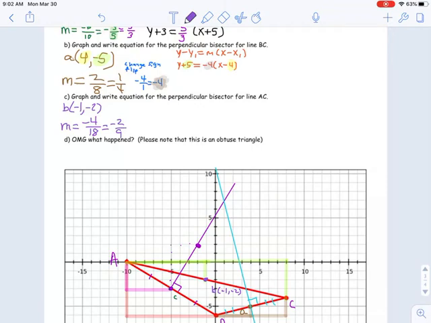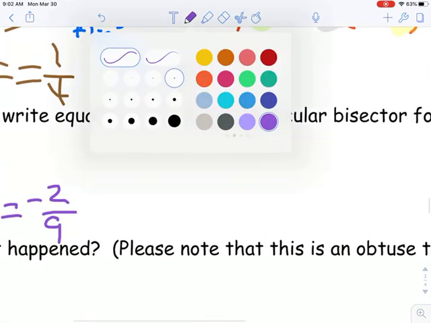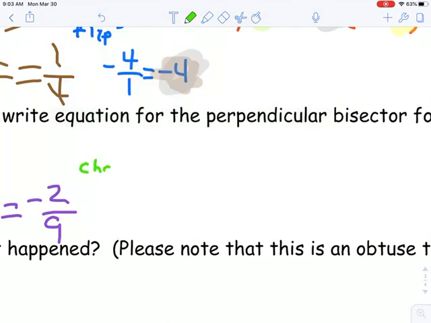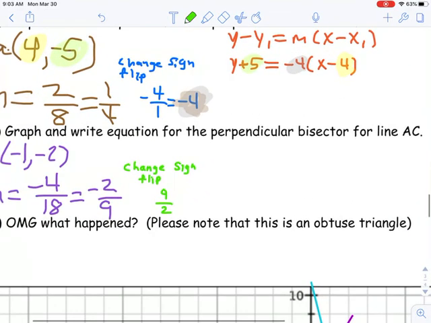And remember, I want the perpendicular slope. So we're going to change sign and flip. It was -2/9, now it's +9 over 2. Alright, so that's the slope I want.